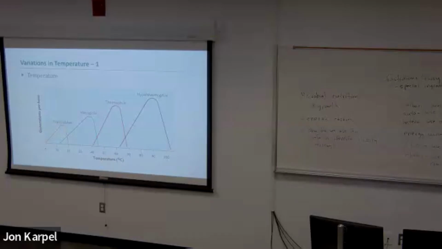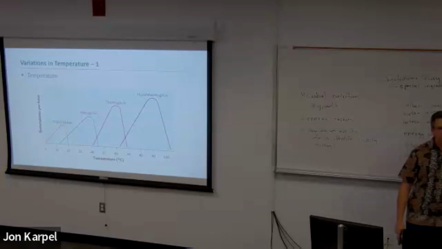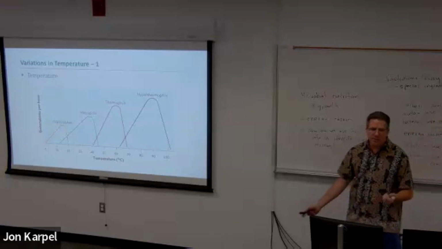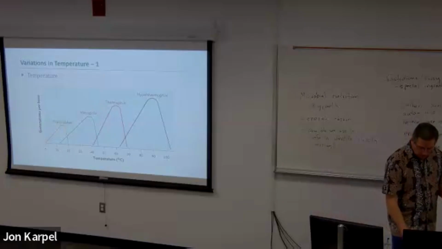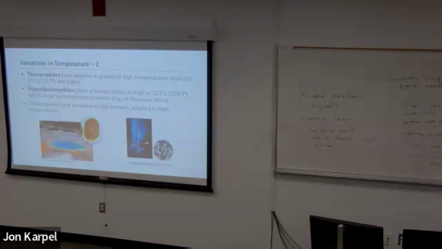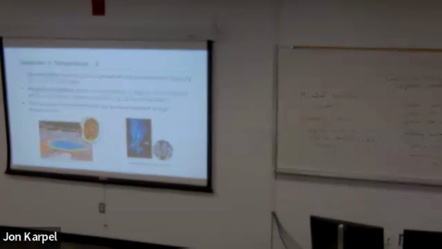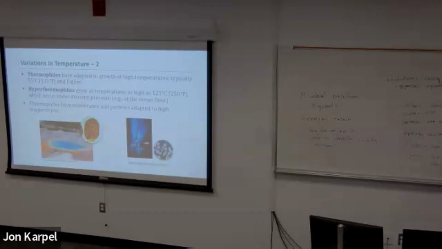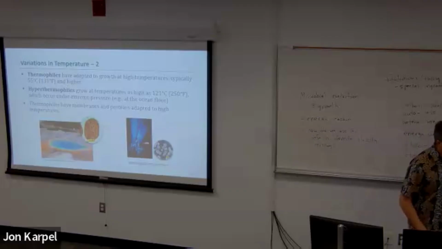I'm not going to worry about the difference between hyper versus thermophile. Psychrophiles are low temps, and mesos are in the middle. Most organisms we look at are mesophiles in terms of temperature. The ones that like really extreme temperatures, we call extremophiles.